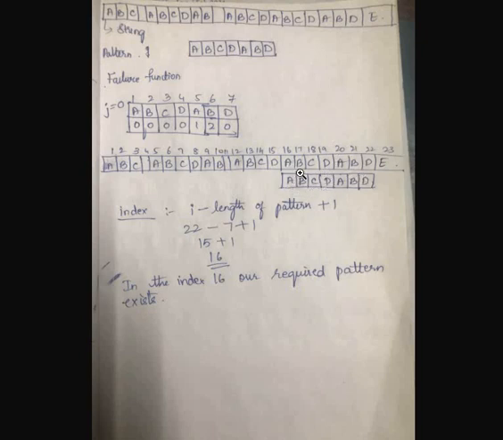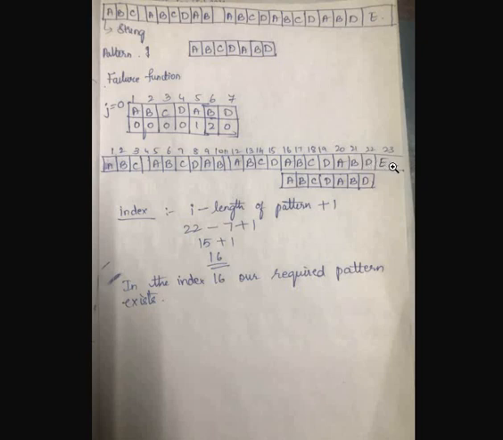It is matching here. So in order to find where our string is, once you have matched it, the index is I minus length of pattern plus 1. I is what? The length of the string, till where our pattern exists, that only you have to consider.